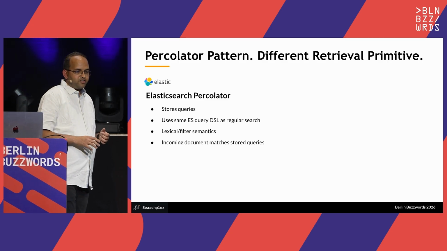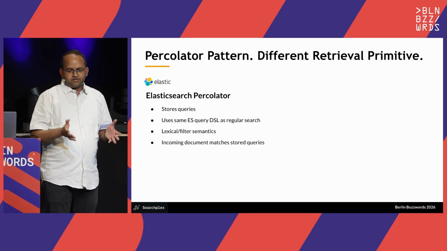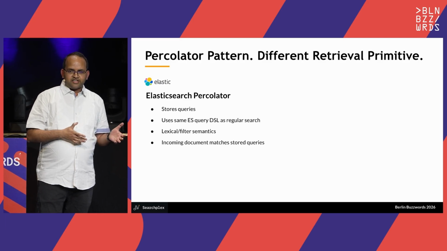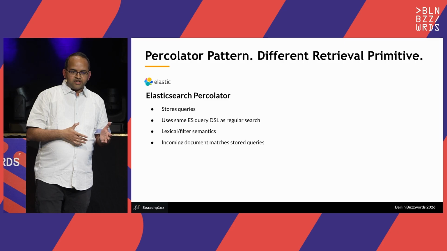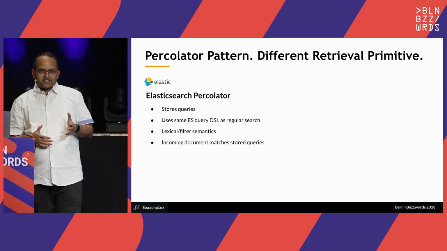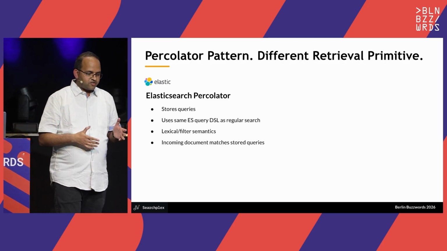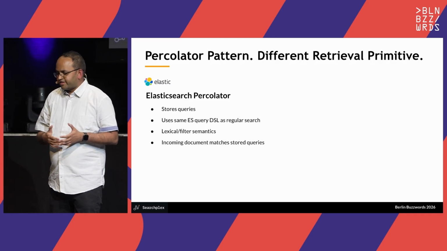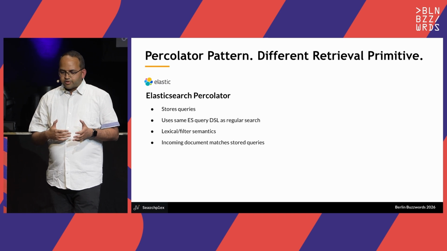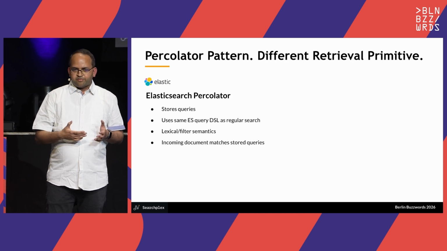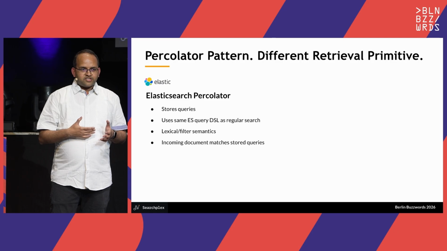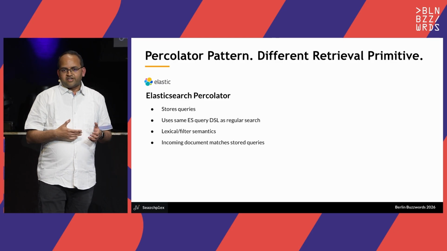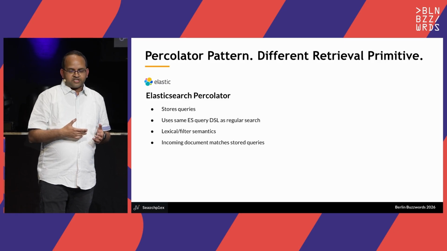So let's dive into the technical pattern here. I told you already that they're on Elastic Percolator. I think Elastic has done a really great job here in the sense of abstracting the complexity. It's really cool that to construct a forward search query is the same DSL, and you can use the same DSL to store it and also be notified in the reverse direction if any matches are coming.